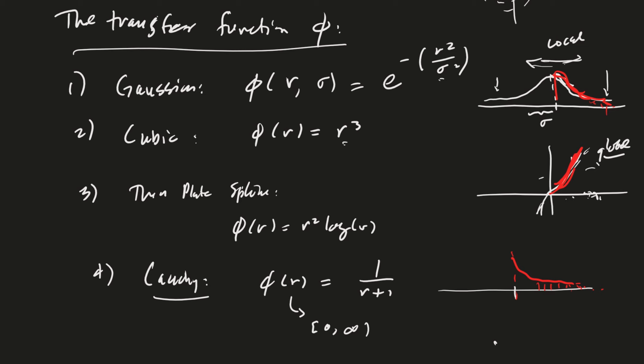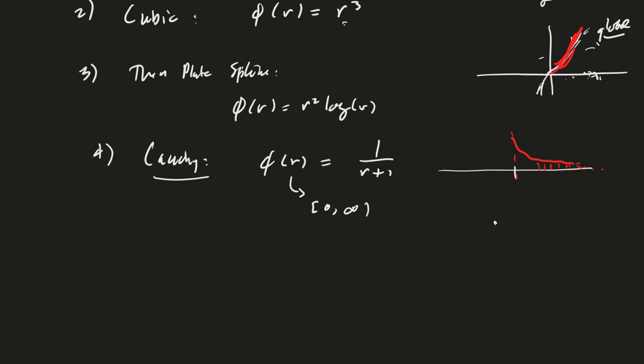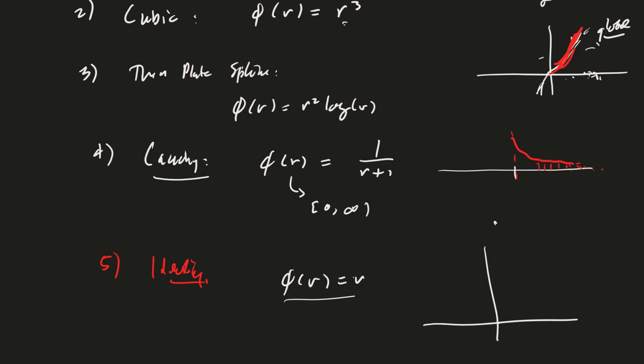I think probably the other interesting one might be the identity, because you can certainly have the identity map, and if you do that, what you end up with is kind of an interesting function.